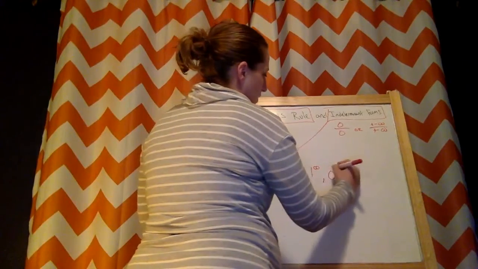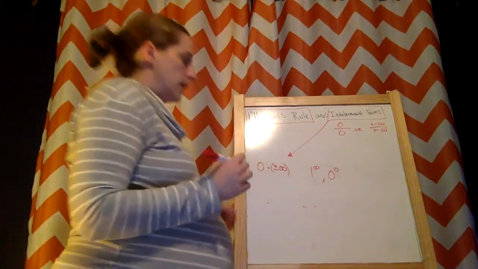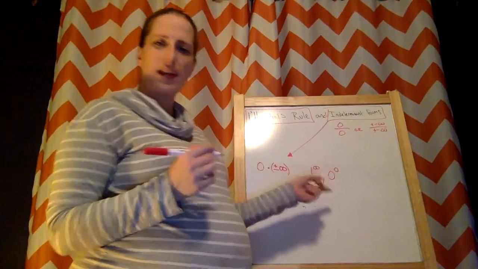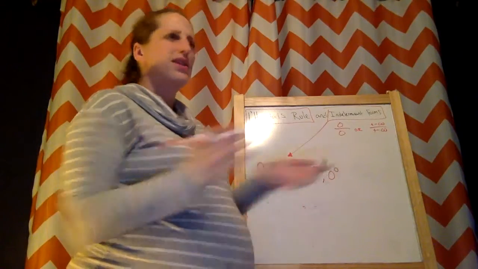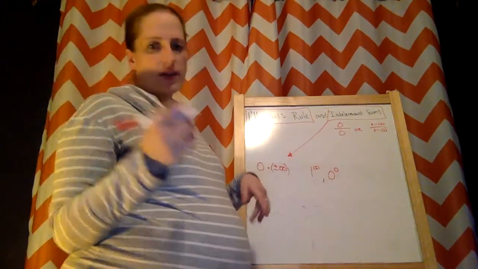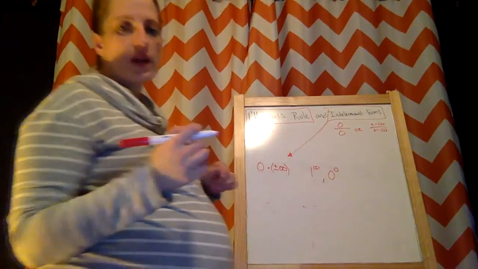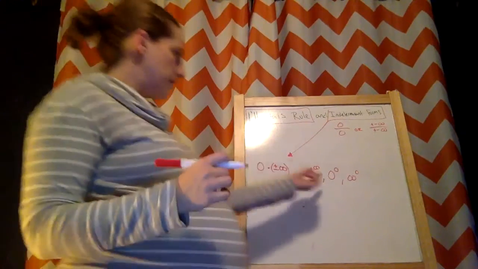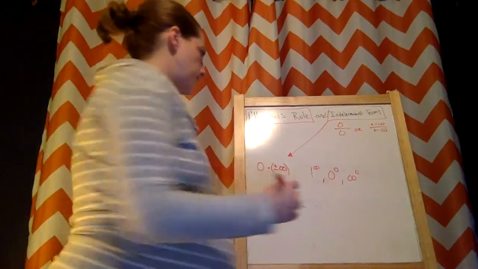So is 0 to the 0. Because again, in general, we know that 0 to any power is 0, but anything to the 0 power is 1. So when I combine those two together, what do I get? That's another indeterminate form. And the third indeterminate form that we're going to talk about is infinity to the 0. And again, we run into the same type of problem that we did with these other two.